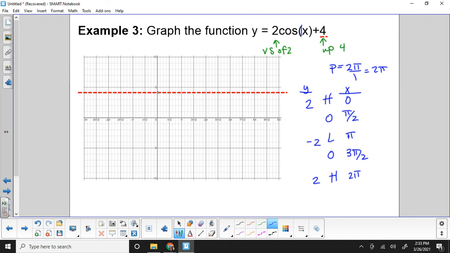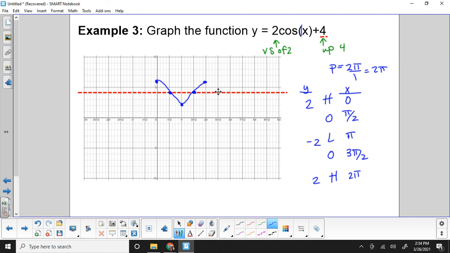So for example, at 0, I needed to go 2 units above this. At pi over 2, I'm going to be on that red dotted line. At pi, I'm 2 units below. At 3 pi over 2, I'm at 0. And at 2 pi, I'm 2 units above. Now I've graphed my first period of this graph.